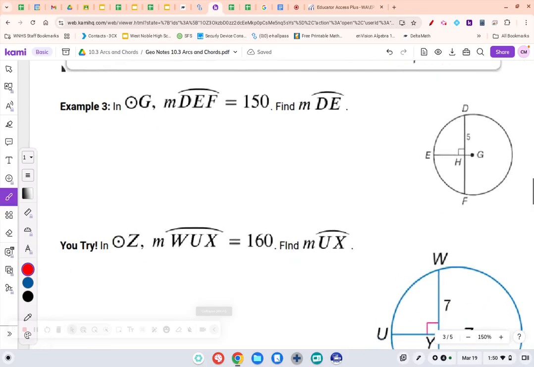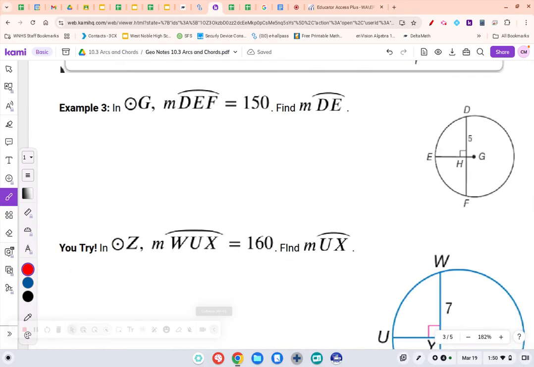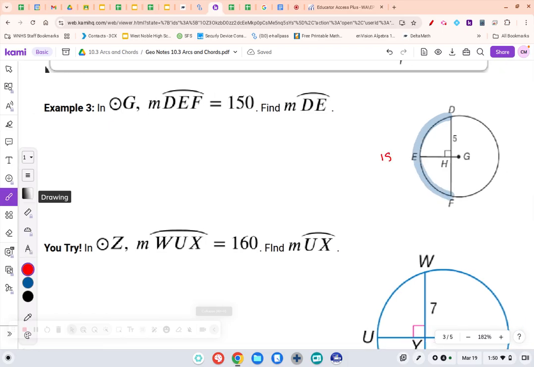So we have example 3 here. We're going to use this fact. It tells us circle G, and we know that the measure of arc DEF is 150. We are trying to find DE.